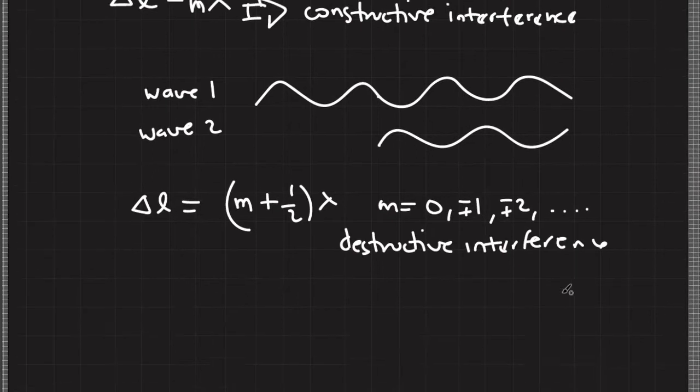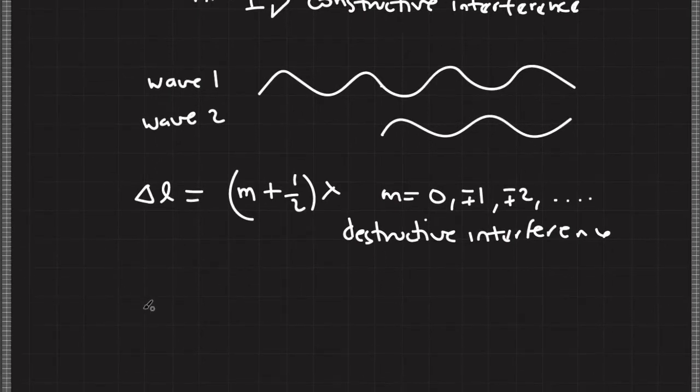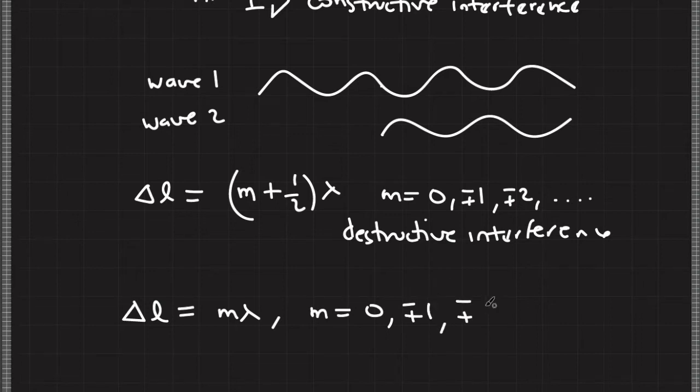So to summarize, if the path difference between two similar waves is an integer multiple of their wavelength, where m here is an integer, then the resulting interference pattern between the waves is a constructive interference.